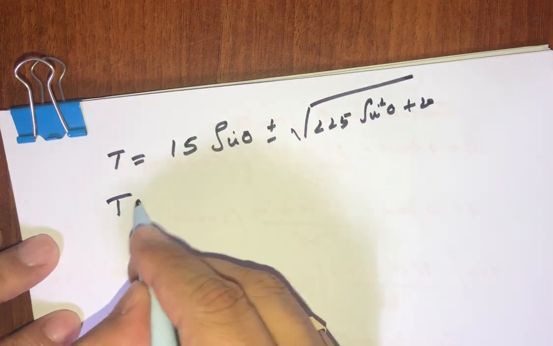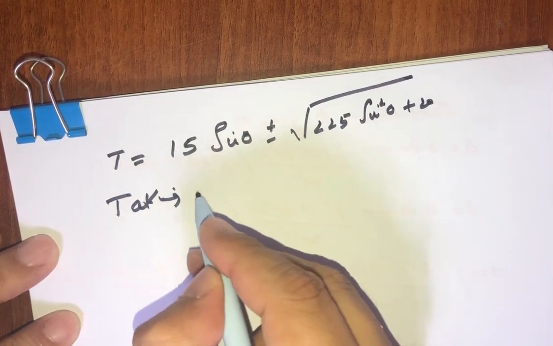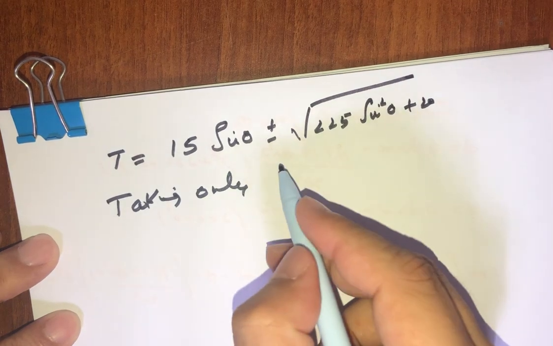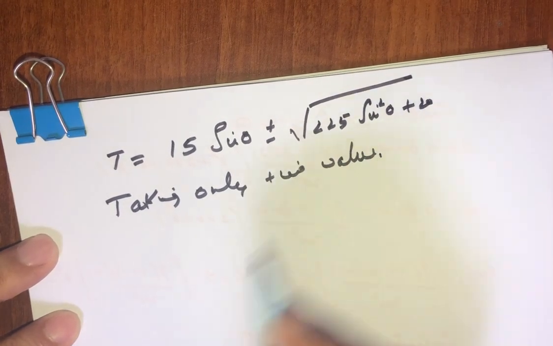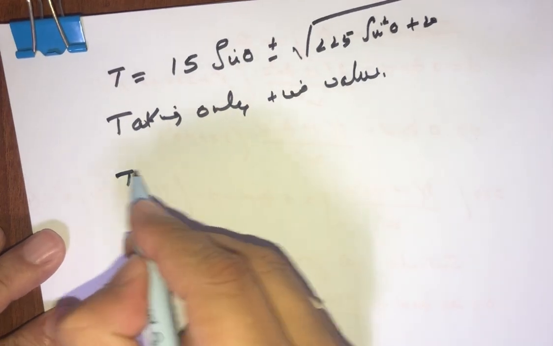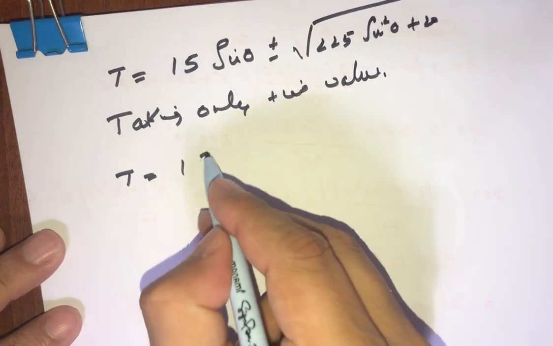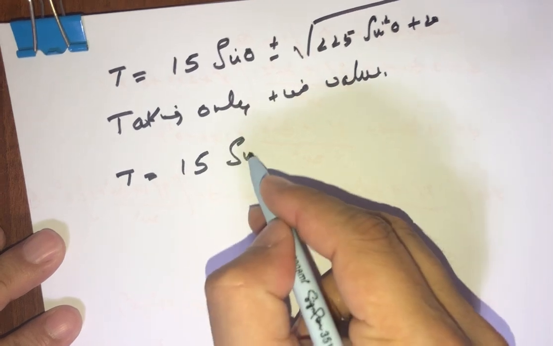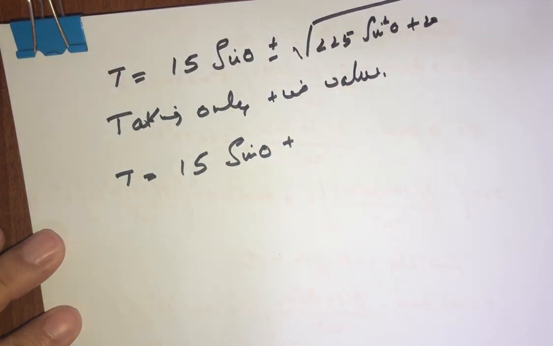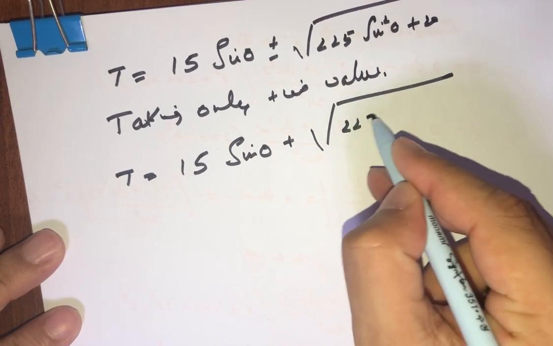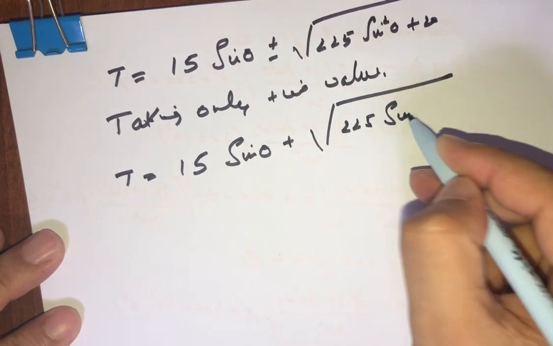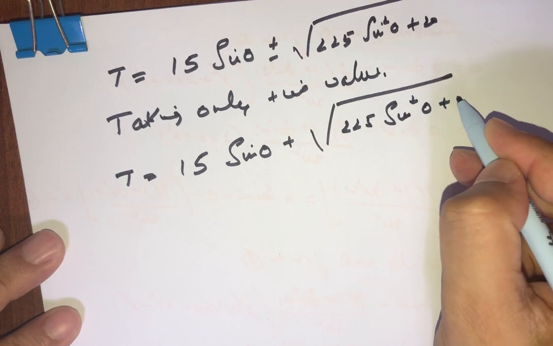Taking only the positive value, we get t is equal to 15 sin theta plus square root of 225 sin squared theta plus 20.